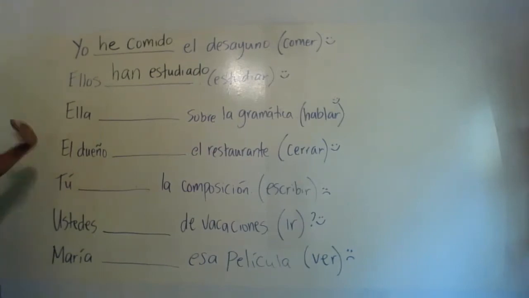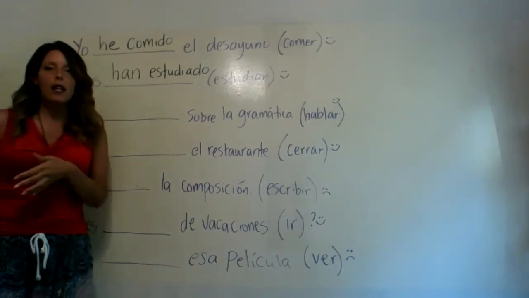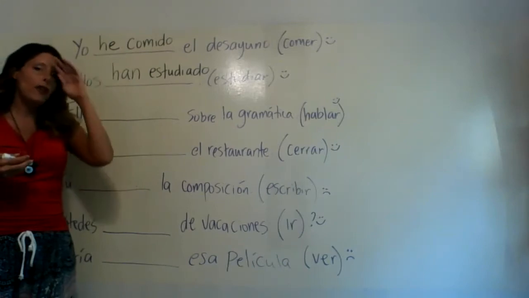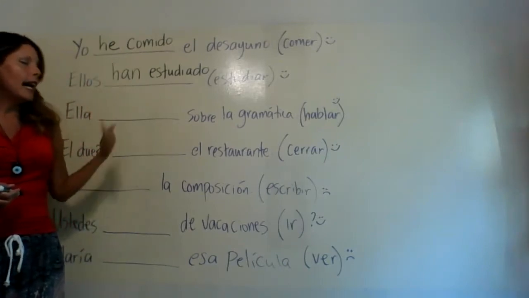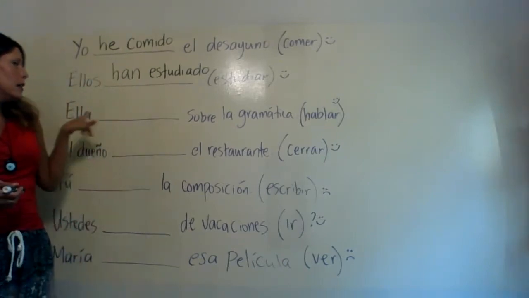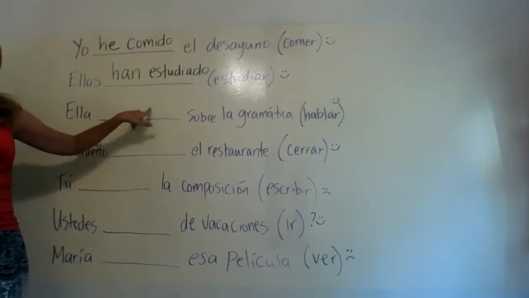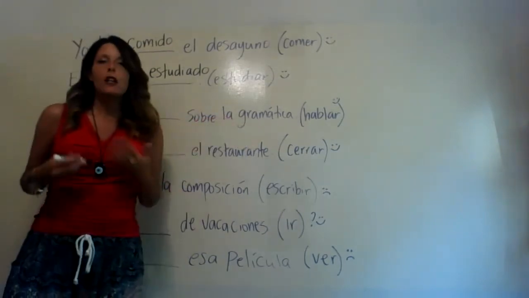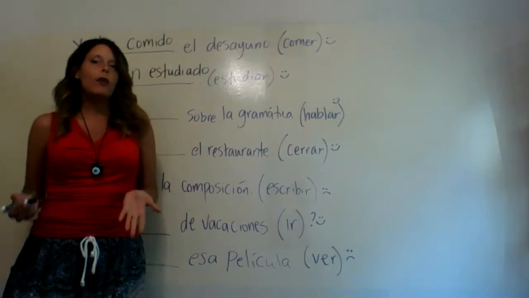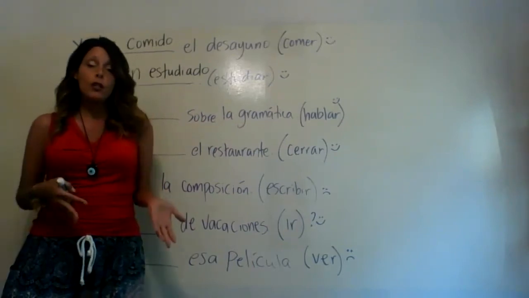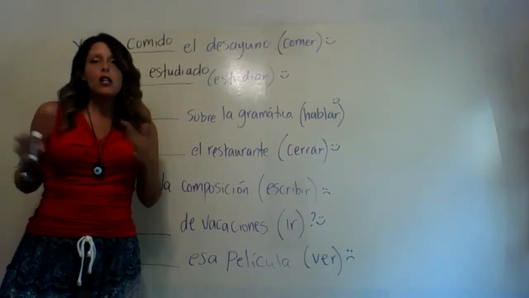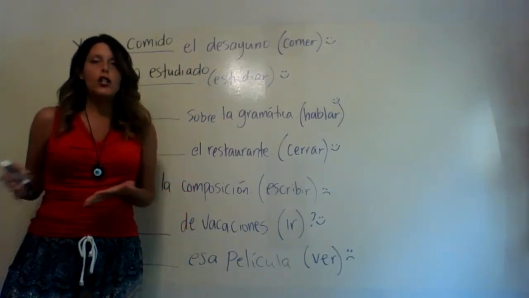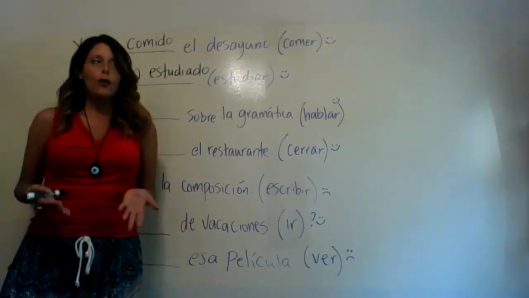So what is the sentence probably trying to say when we throw in the present perfect? She has talked about the grammar, or since hablar can mean to speak or to talk, she has spoken about the grammar.